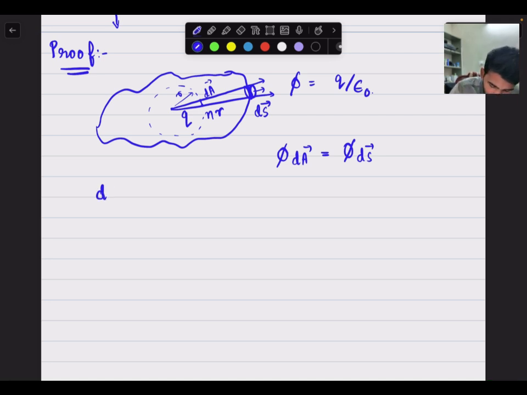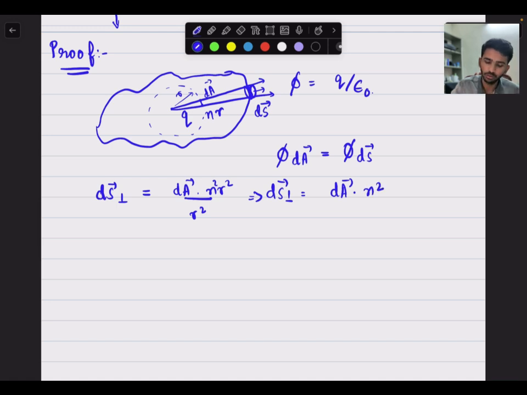So the dS bar's perpendicular component would be equal to nothing but dA into n squared r squared by r squared, as the area would be proportional to the distance from q squared. So we can see that the dS bar's perpendicular component would be equal to dA bar into n squared.